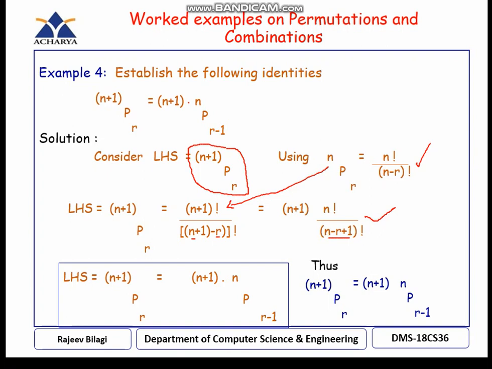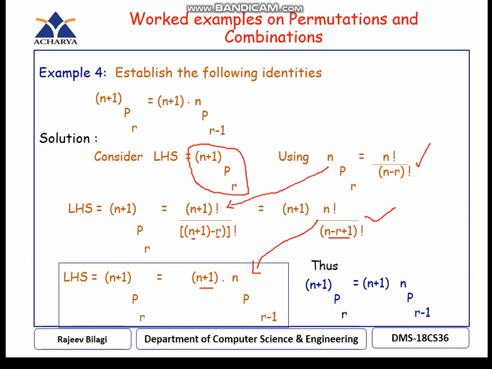So with this what I got is the RHS part. LHS equal to (n + 1)Pr, which I can write as (n + 1) into n factorial divided by (n - r + 1) factorial, that is (n - r + 1)(n - r) factorial, so minus of minus becomes plus.